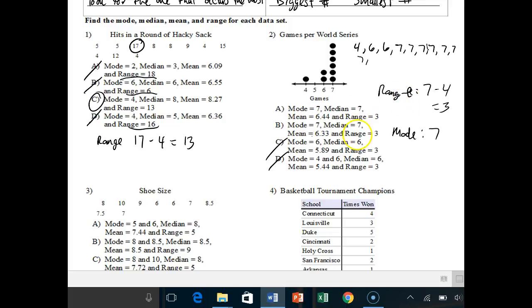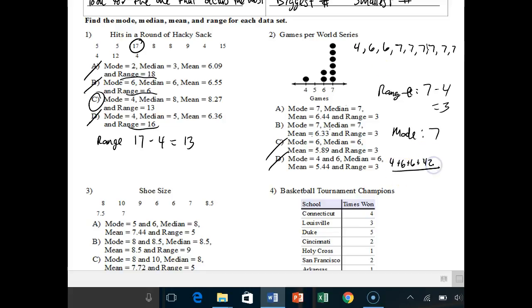So now the thing would be to calculate the median, but notice they have the same exact median, so I'd skip right to the mean, right? So basically you're adding 4 plus 6 plus 6 plus 7, 1 2 3 4 5 6 times. I did it too many times there. So 7 times 6 is 42, right?